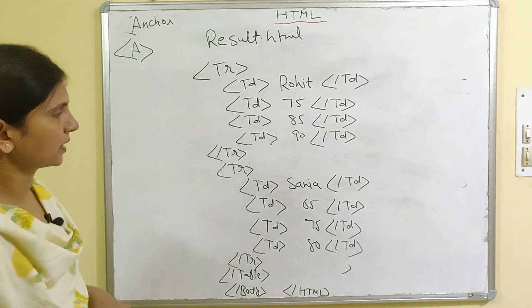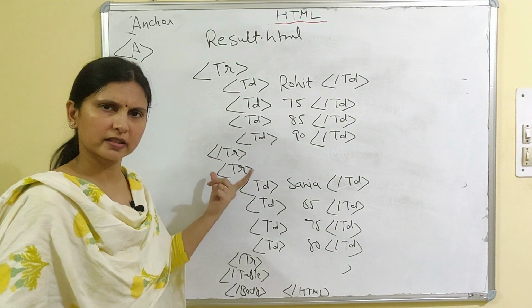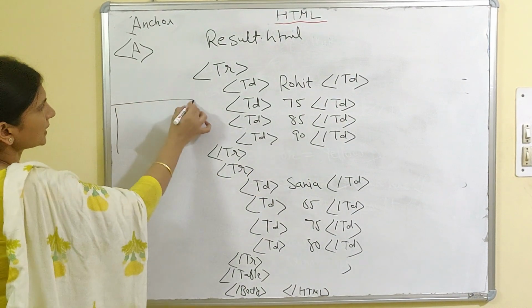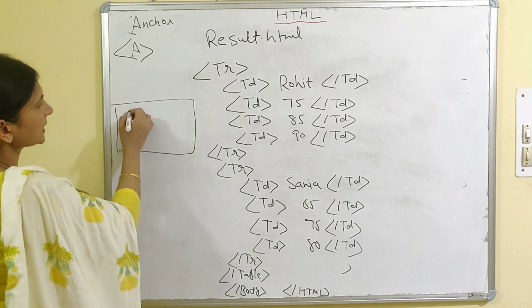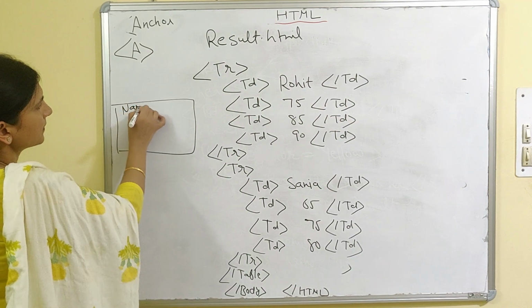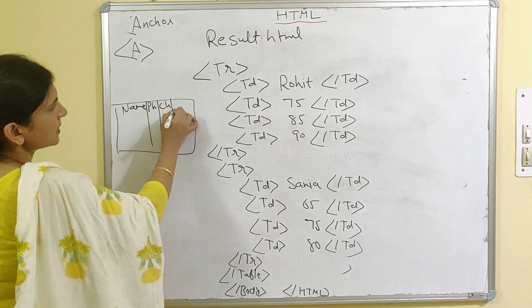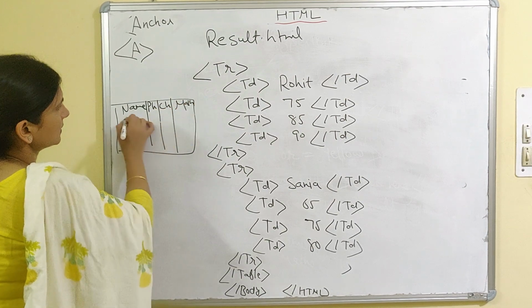Fine. I hope you have understood, because this part we have already discussed. So one table will be created, name, physics, chemistry, maths.